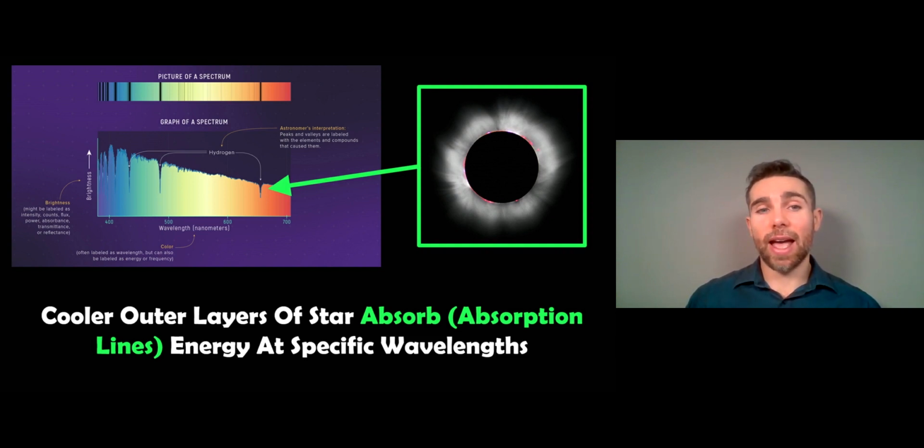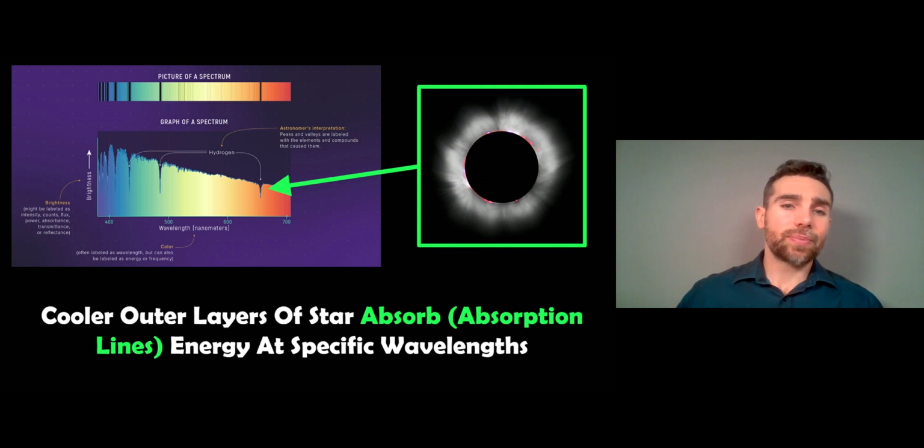Now that's where energy is being absorbed by certain elements, molecules, things like that. In a star, it's mostly going to be hydrogen because the outer layers are predominantly hydrogen, in a main sequence star at least. And the outer layers are cooler. The energy is not made all in the star, it's made in the central part.